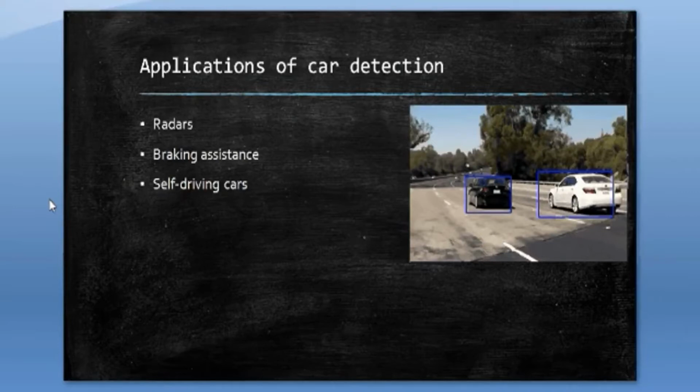The last thing is self-driving cars. You will never see a self-driving car that doesn't have a car detection program. It is essential that it has car detection. Okay, as I said, these are 3 of the applications that might be found for car detection, and of course there are others.